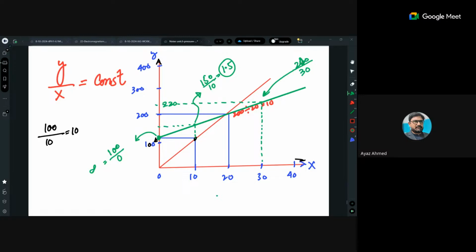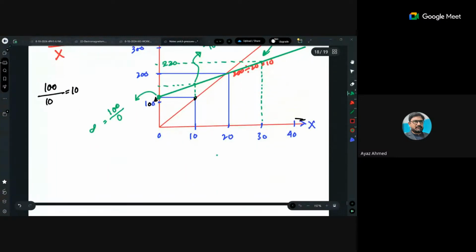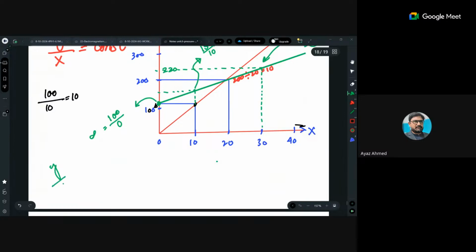So isn't it giving you 8? है ना? So check करो for all greens. Did you get a constant number for division of y by x? यानी y1 divided by x1 is infinity. Y2 divided by x2, here it is 1.5. Y3 divided by x3, you are getting 8. So is it constant?